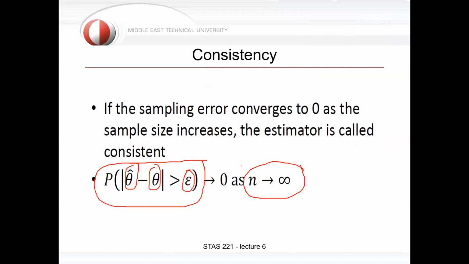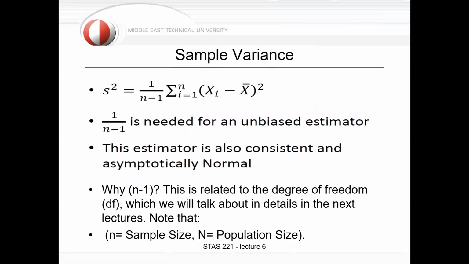But if it is not the case, then you cannot say that this estimator is consistent. When we talk about sampling error, we are talking about this absolute value. So this one should converge to zero when the sample size is big enough. If that's the case, then this is consistent. Again, this is not something we are concerned about for our course.